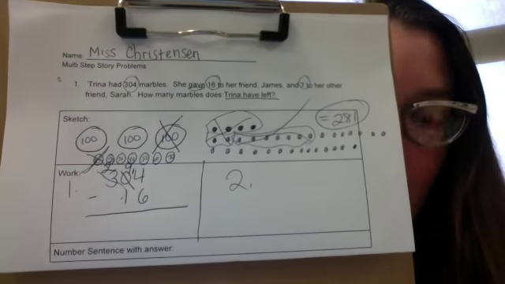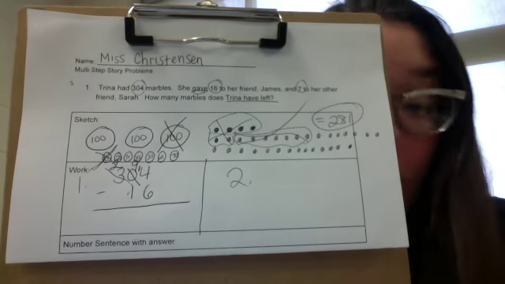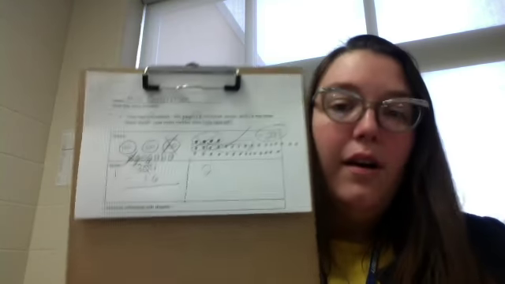And now I should have more on top in my 1s, my 10s, and my 100s. So now there's no need to stop. 14 minus 6 is 8. 9 minus 1 is 8. And 2 minus nothing, 2 minus 0, is 2.